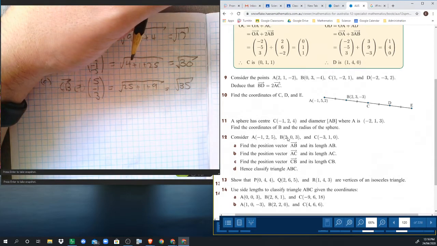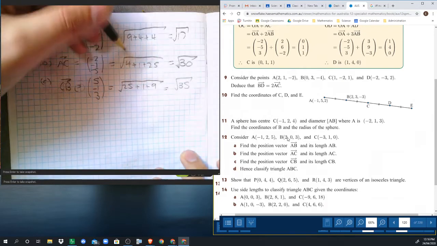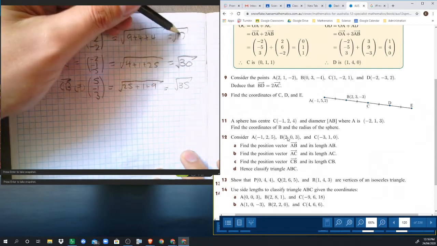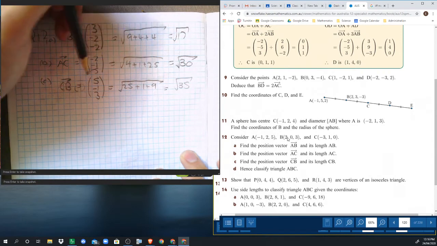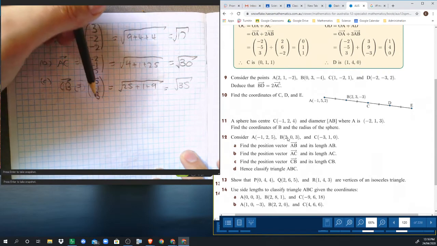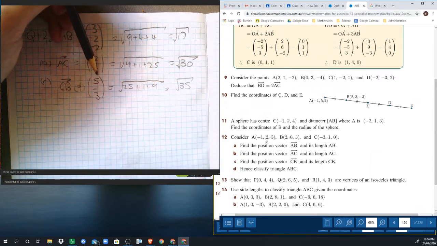Let's classify the triangle ABC. Let me just double check I've got these ones right.